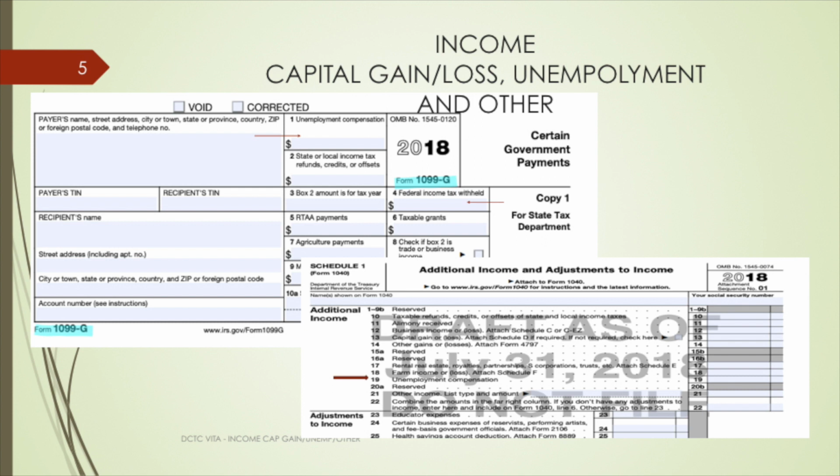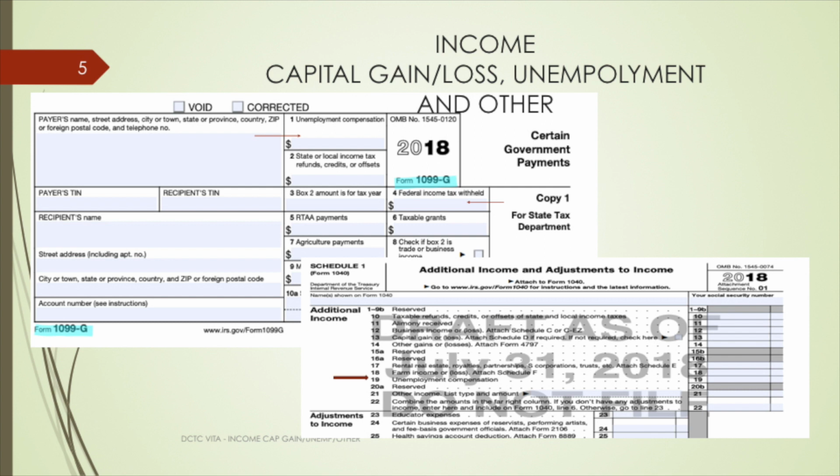After the unemployment figures are entered into the TaxSlayer software, the total is then transferred to the Form 1040, Schedule 1, line 19. The amount of the withholding from the Form 1099-G, Box 4, should be entered into the software for accumulation with other federal income taxes withheld amounts in the payment section.